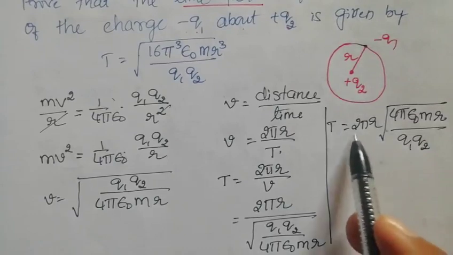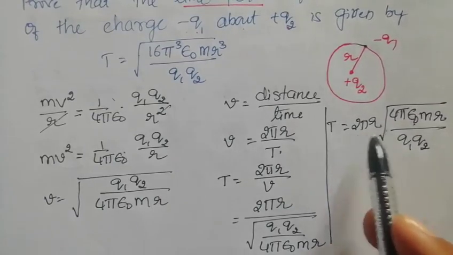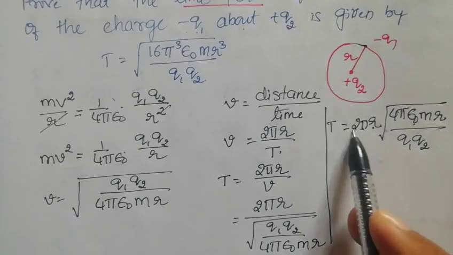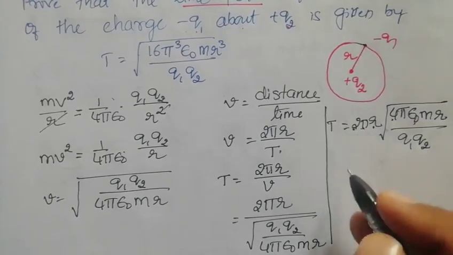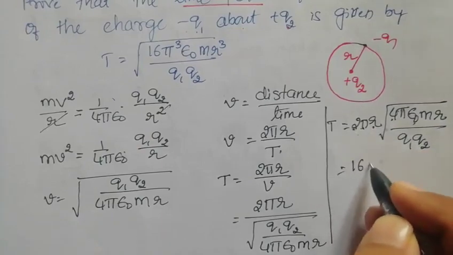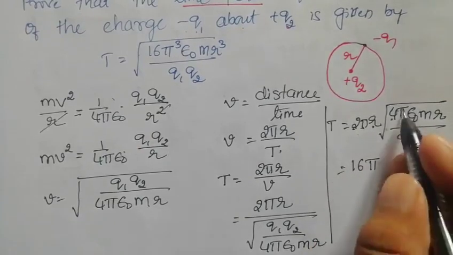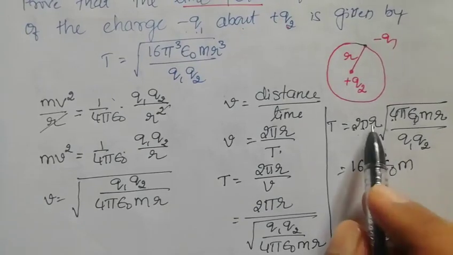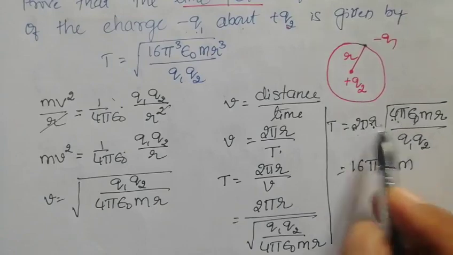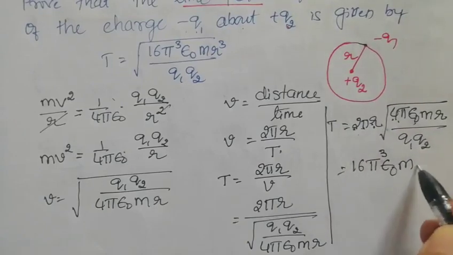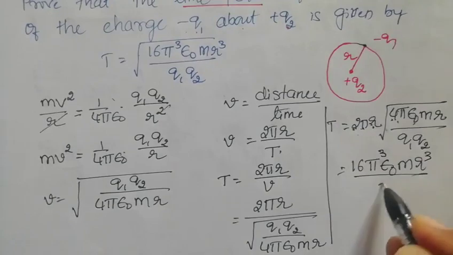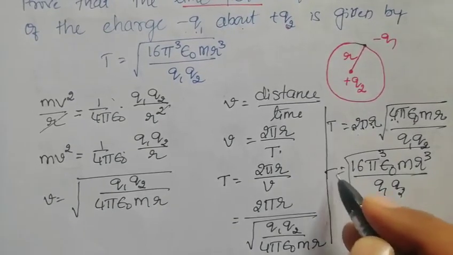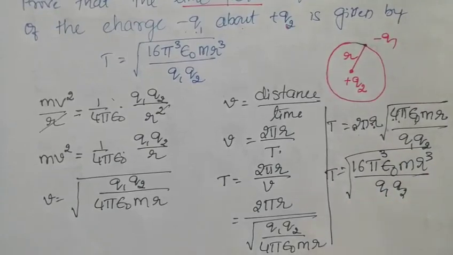If you send the 2 pi inside the root, 2 pi r becomes 4 pi square r square. Yes or no? This 4 into this 4 becomes 16 pi square, and there is one more pi, so pi cube, and epsilon naught m. The r going inside the root becomes r square, and with one more r it becomes r cube, divided by q1 q2, all under the root. So this is the time period of revolution of the particle.